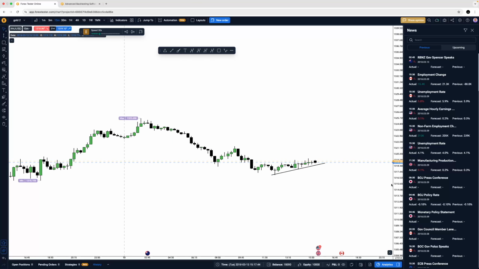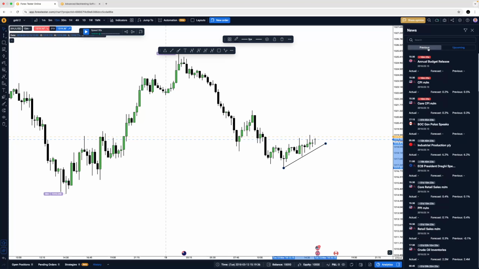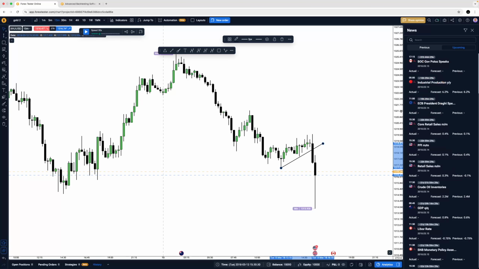Then let's move on to the lower time frame and see clearly. Or we can go back to, let me check, upcoming. Okay, let's go to the exit time. You can clearly see when the CPI was happening, it was doing something like this.